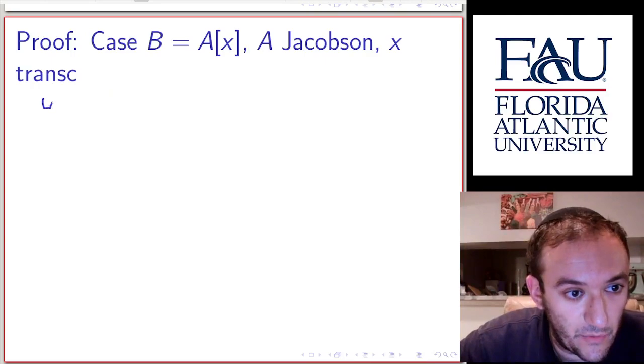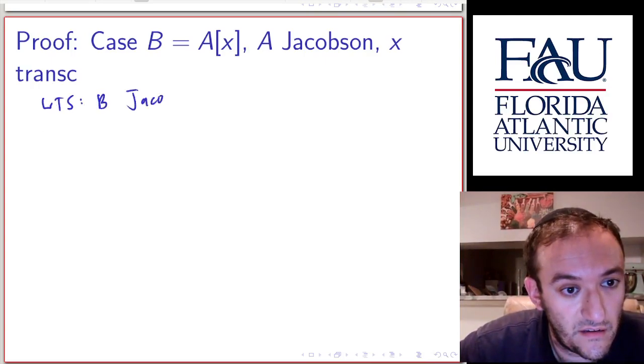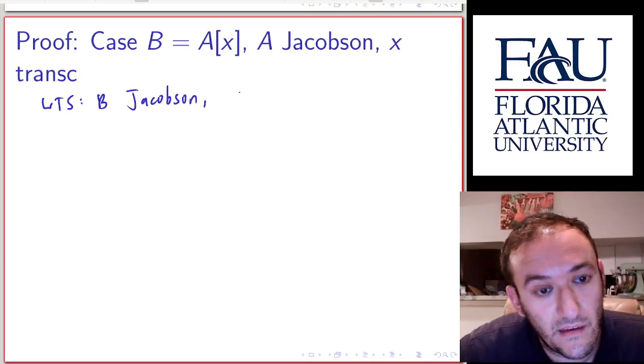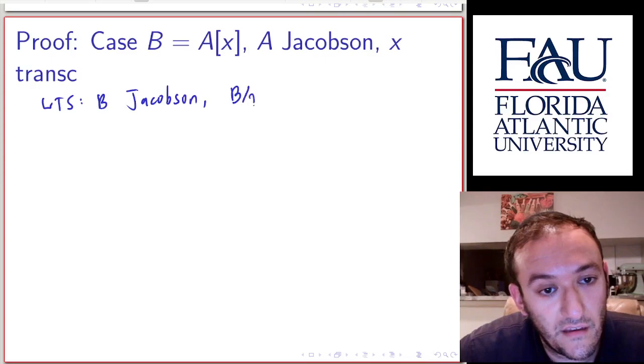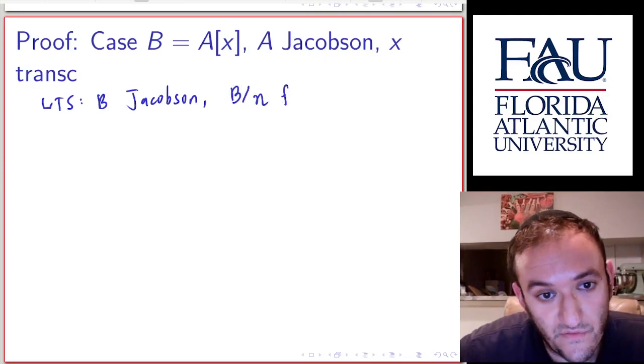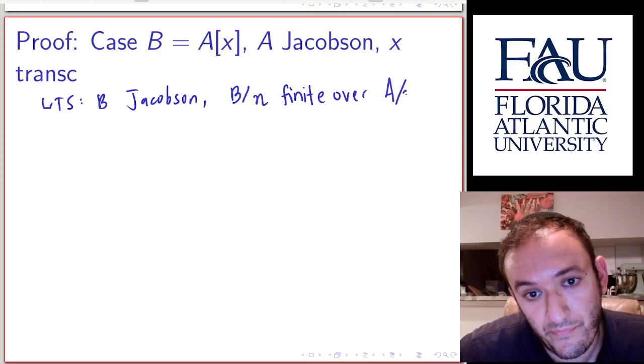The next case is where A is not a field, A is any Jacobson ring, and X is still transcendental. So again, we want to show B is Jacobson, and B mod n is finite over A mod m.